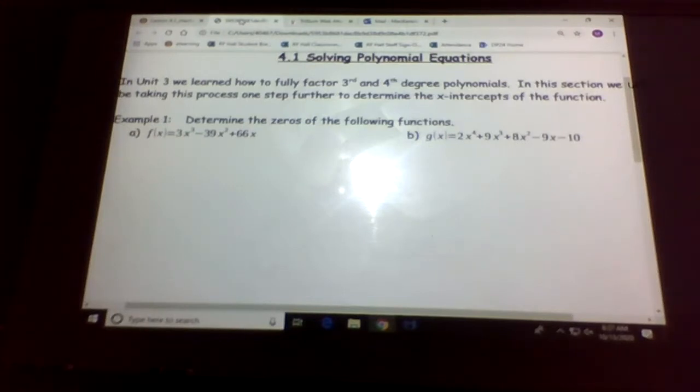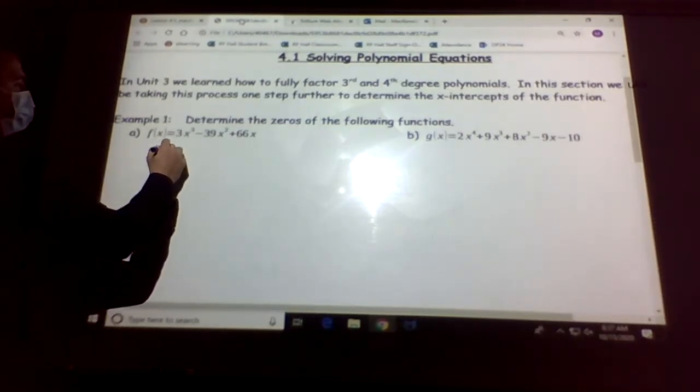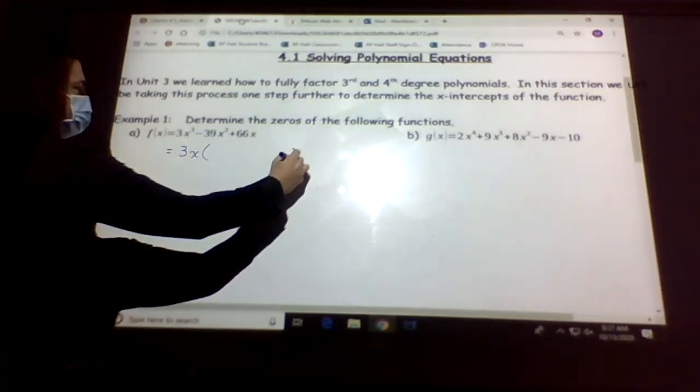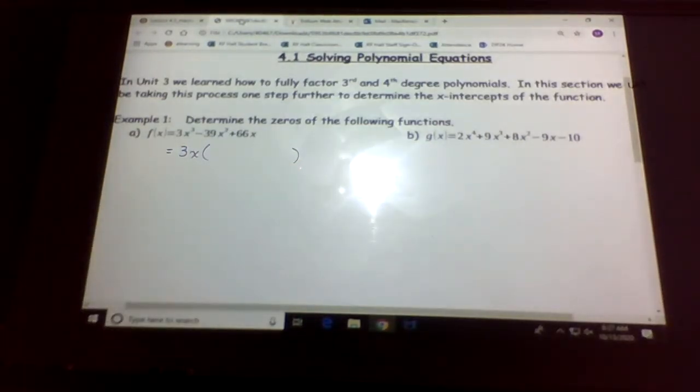Question 1A, determine the zeros. Do we have a GCF, greatest common factor? Caitlin? 3x. So we're going to factor out a 3x from each of them. When we say factor out, we mean divide.